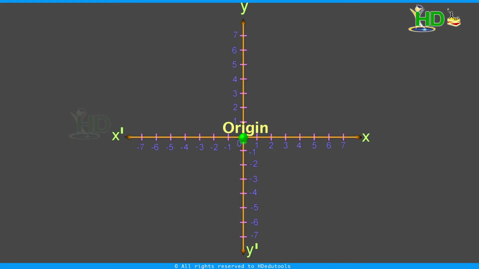This origin is 0 with respect to the horizontal line and 0 with respect to the vertical line. The horizontal number line is known as the x-axis, represented as X prime, and the vertical number line is known as the y-axis, represented as Y prime.